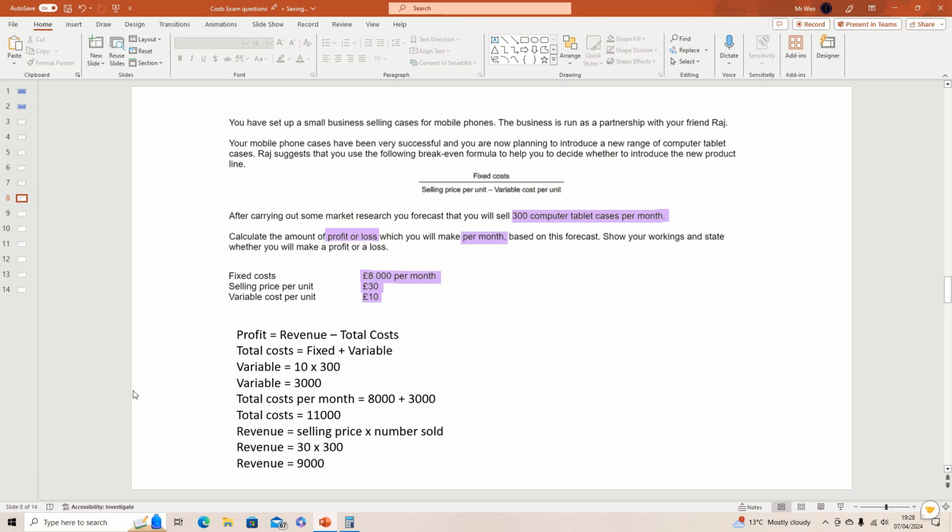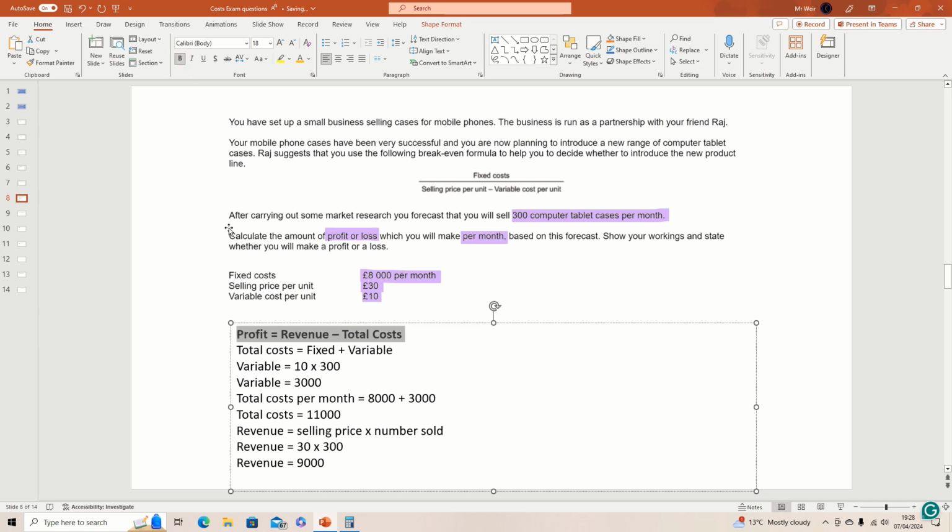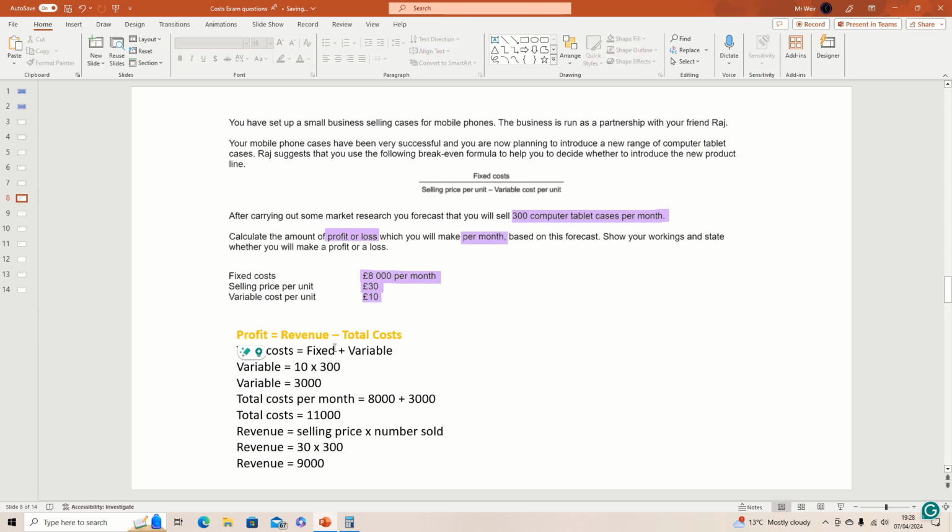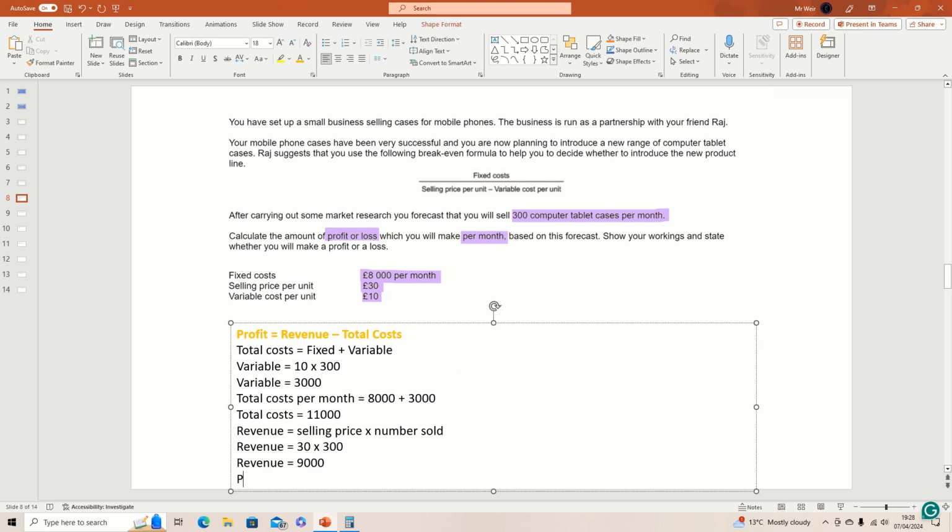So now, if we want to work out this first bit, which is that profit is revenue minus total costs, we now know what our values are to put in, so it should be a very, very easy calculation. So profit is 9,000 minus the total costs, which is 11,000.